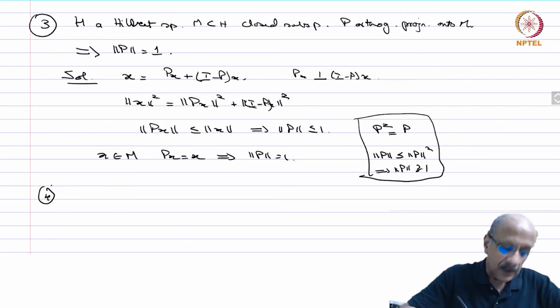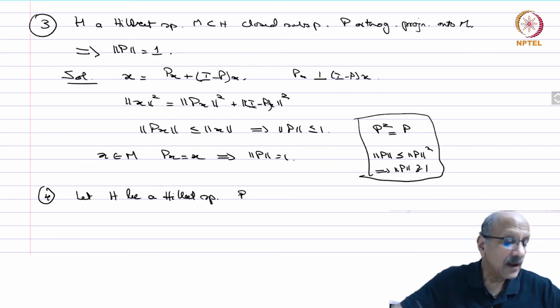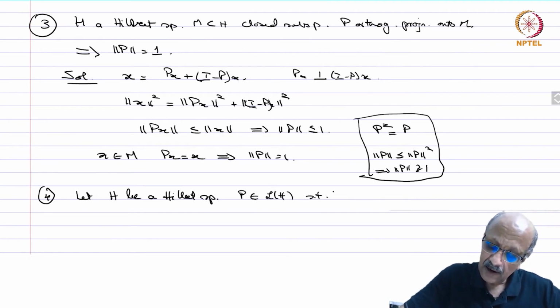Four. This I already mentioned in the class but didn't do it fully. I asked you to verify it. So let H be a Hilbert space, and P in L(H) such that P equals P squared equals P star.